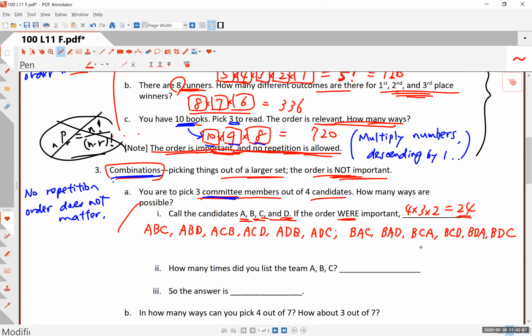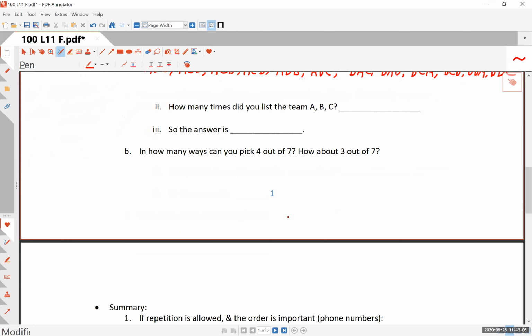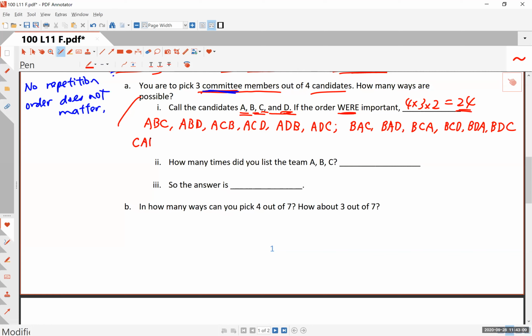And a similar thing happens if you start with C. So if you start with C, and this is again alphabetical order, lexicographical order: CAB, CAD, CBA, CBD, CDA, CDB. Okay. So those are the 6 choices if you start with C.